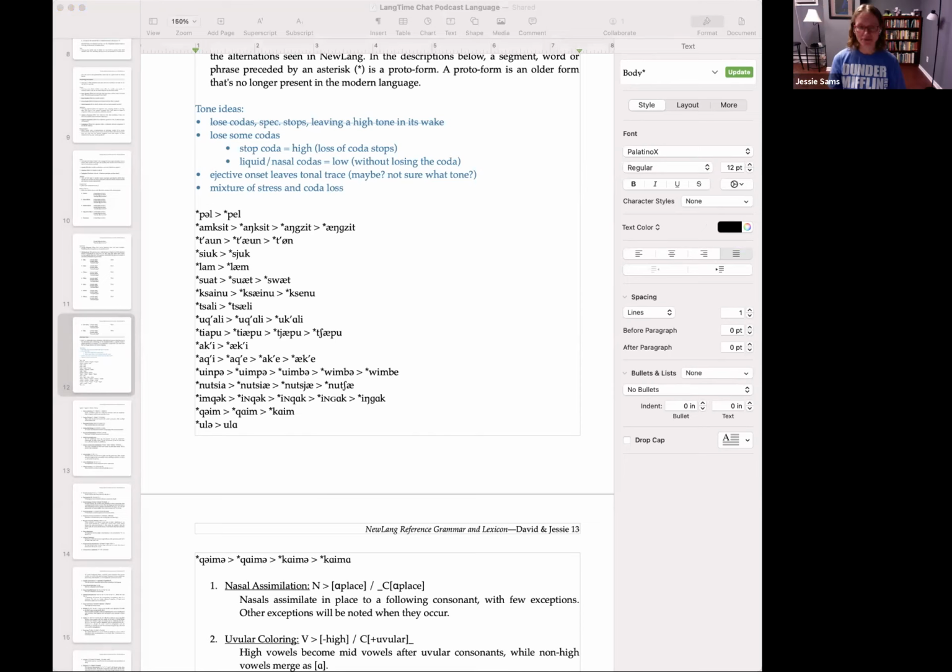While he's moving around back there, I am doing what you do when you need to do research, right? Just start typing in Google. So, effective ejectives, tone trace. Sometimes it takes a while to figure out the right search terms.